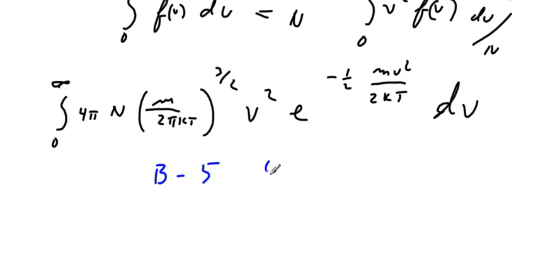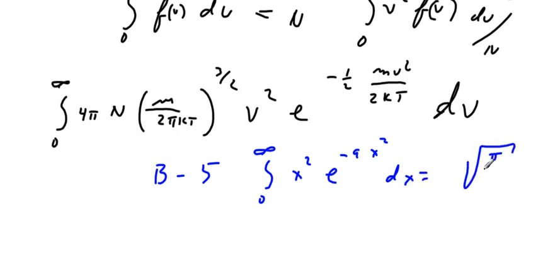And in there I find the integral from 0 to infinity of x squared e to the minus a x squared dx is equal to square root of pi over 16a cubed.